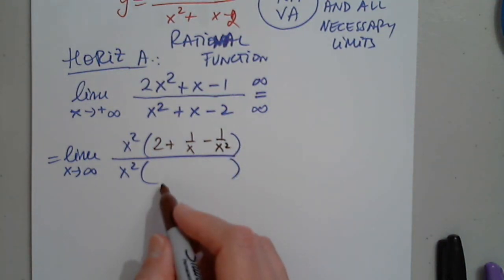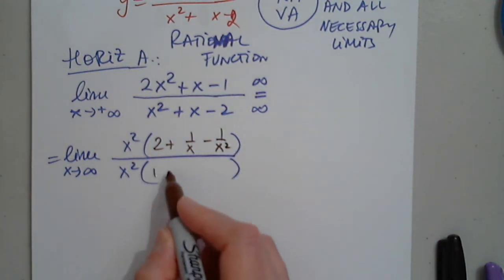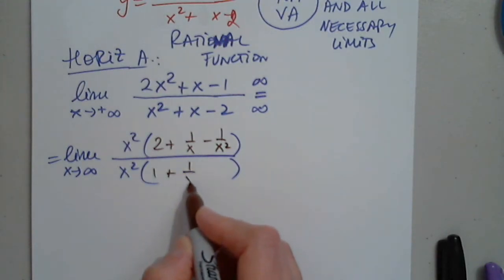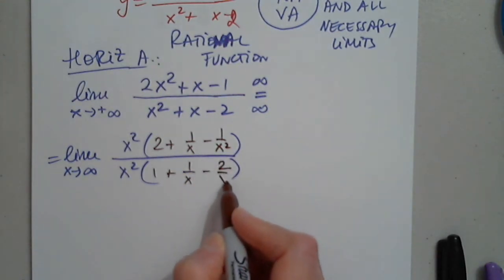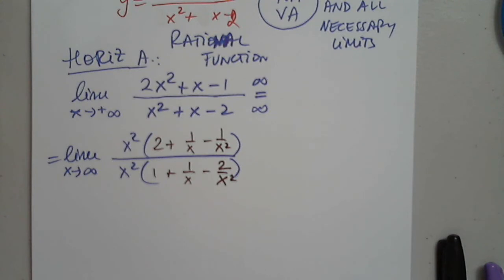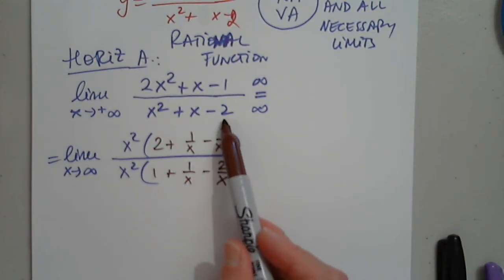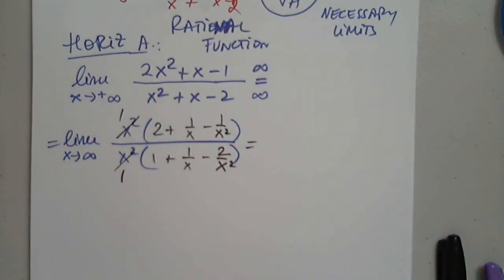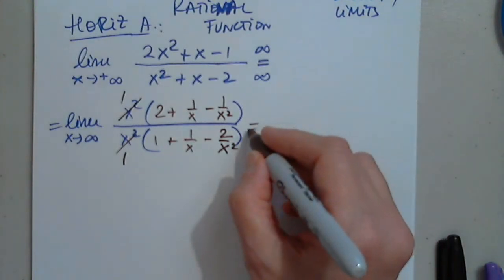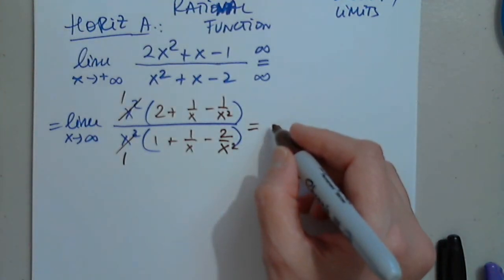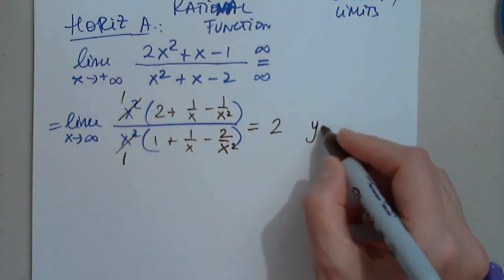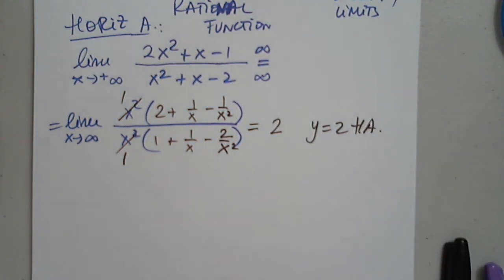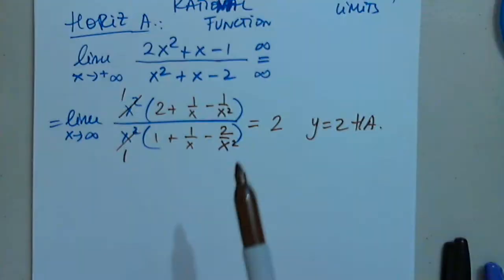And the bottom? 1 plus 1 over x minus 2 over x squared, because x squared times 2 over x squared will give us negative 2. Of course, this is what we just did. What is this limit? Two. Very good. y equals 2, horizontal asymptote. Done. I'm finished with the horizontal asymptote.